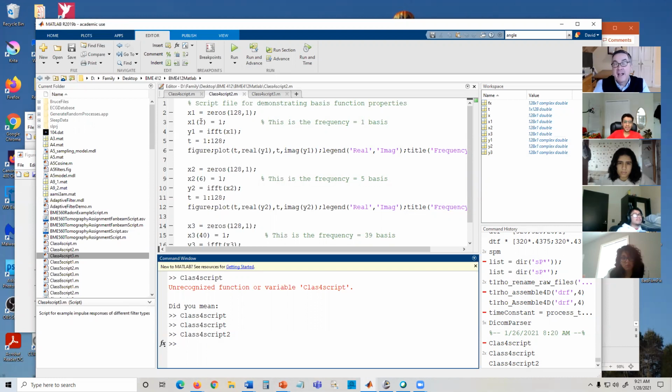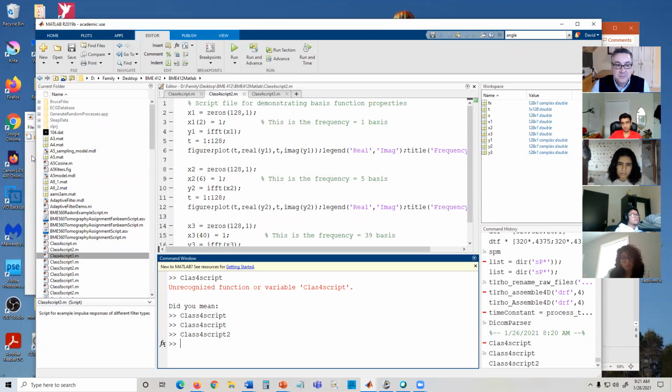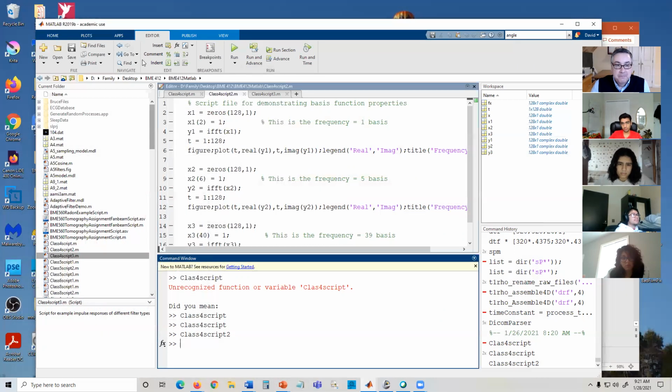So if we have a signal and we take its Fourier transform with the FFT in MATLAB, and we want to interpret what different frequencies are, we have to make use of that property. So we always have to subtract 1 first, and then that tells us how many cycles there are per recording period.